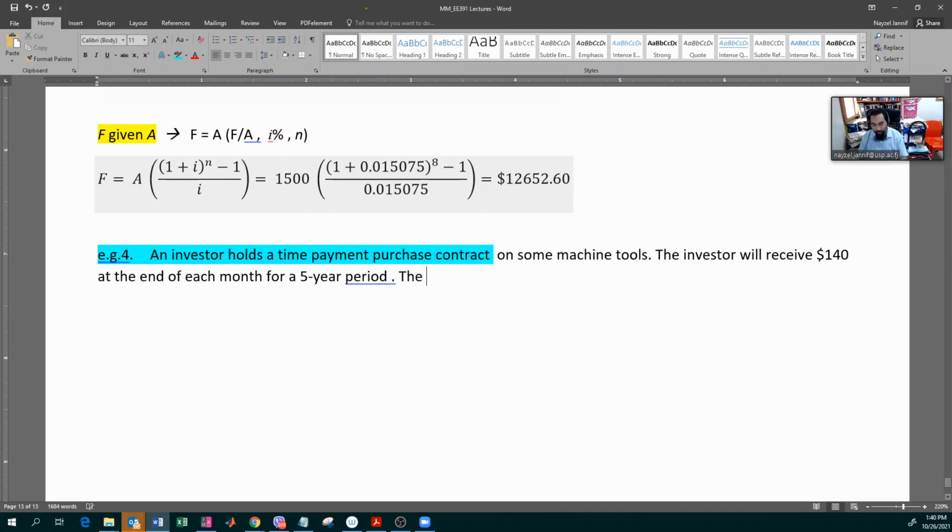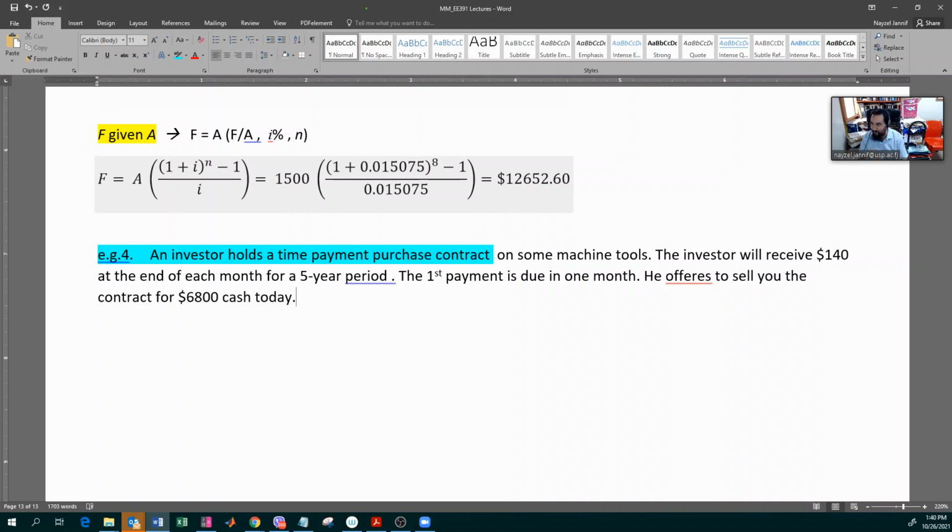Okay, the first payment is due in 1 month. He offers to sell you the contract for $6,800 cash today.